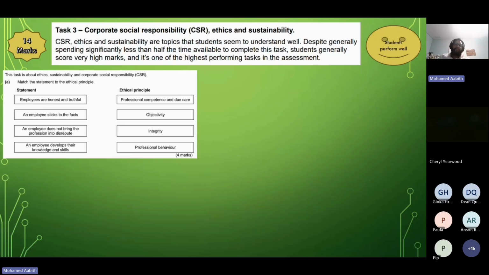So there are 5 ethical principles. They're asking which one is what? It is how you remember your definitions. You don't need to memorize it. You just think about it from the practicality side of it. So if something is about me being honest and truthful, we're going to call it what?